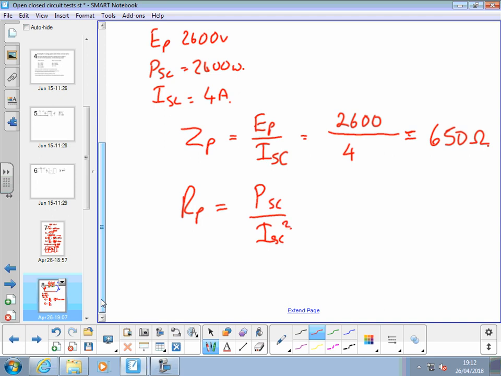Again, that's P equals I squared R rearranged. 2,400 over 4 equals 150 ohms.